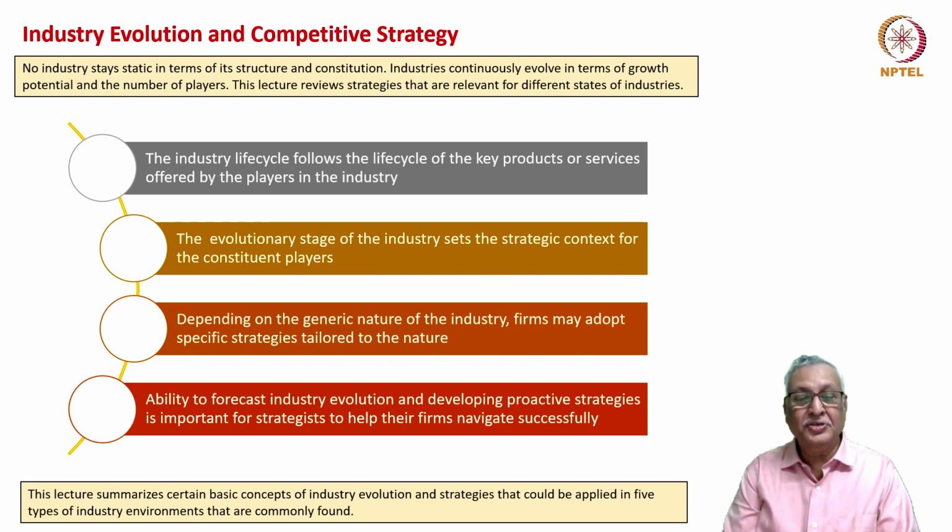This lecture summarizes certain basic concepts of industry evolution, identifies 5 generic industry types, and discusses the internal drivers as well as the external drivers of those industrial situations and the impact strategies of firms have on that kind of industrial development.